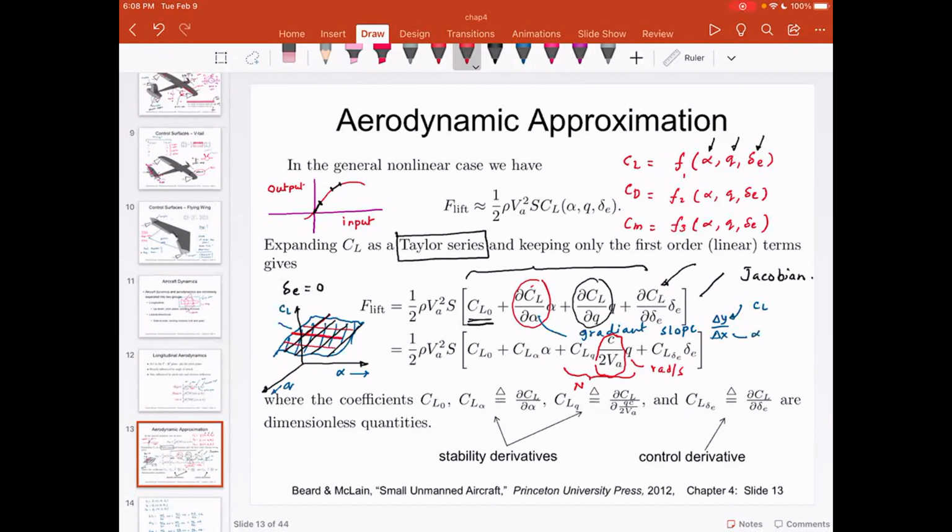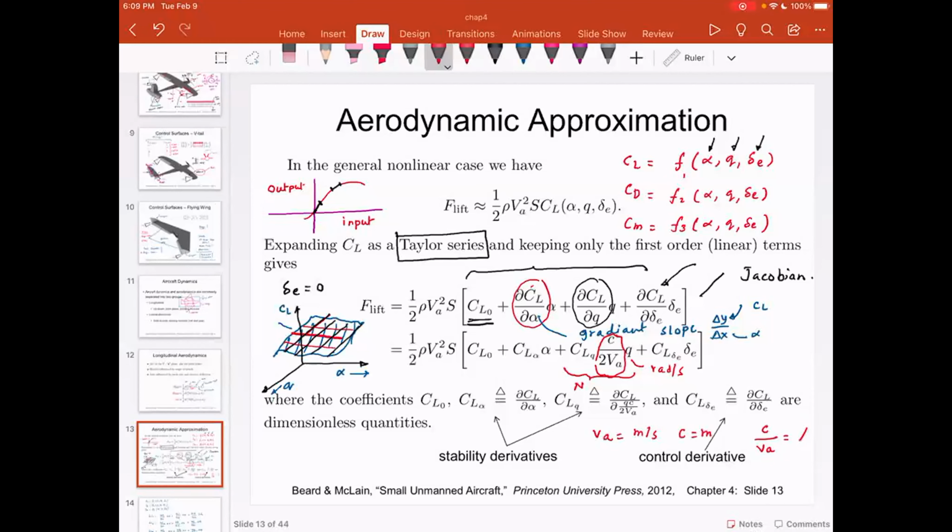Now please note, VA, and this is important, VA is velocity in meters per second and C in meters. If you have C over VA, if you look at the scaling, that scaling somehow becomes second over 1.